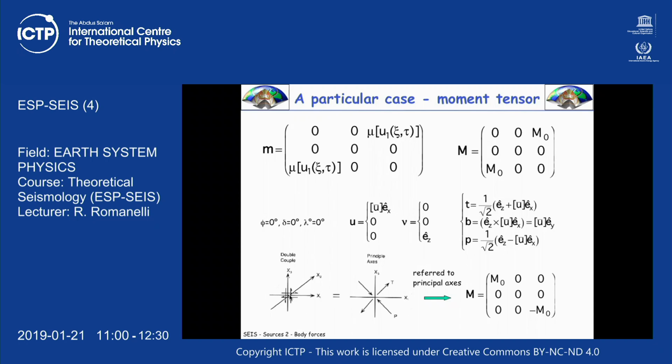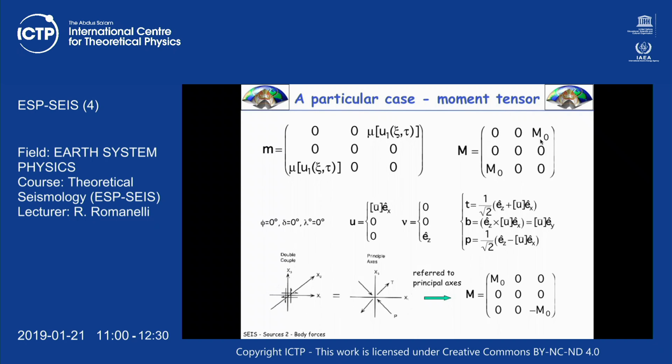Now, 1, 3, 3, 1 are giving us directions of u and n. So the orientation of a double couple in space is remembering the orientation of u and n. What is left is the amplitude of slip, where it is in M0, because that's the average u and the area over which you perform that integral.